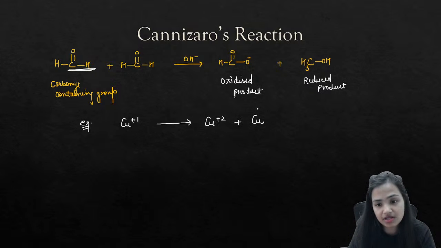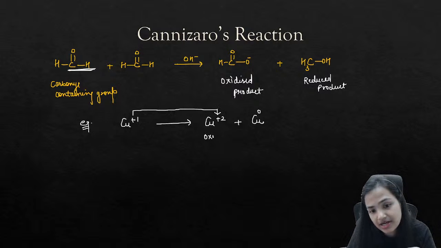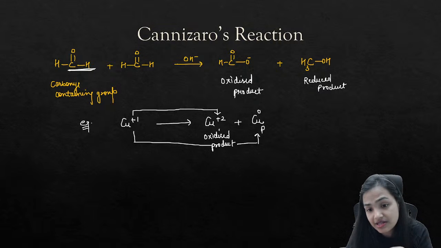So what does this mean? Here the copper plus 1 is getting oxidized to copper plus 2. So this is the oxidized product. And here the copper plus 1 is getting reduced to copper 0. Plus 1 to 0 is reduction, so this is the reduced product.